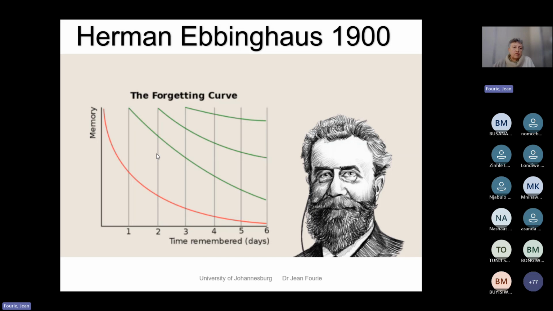Now, if we do this experiment again, we start at day 0, we give the information at day 0. 24 hours later, in day 1, we present all the information again. We make them reread everything, re-listen to the video, and they're back up at 100%.